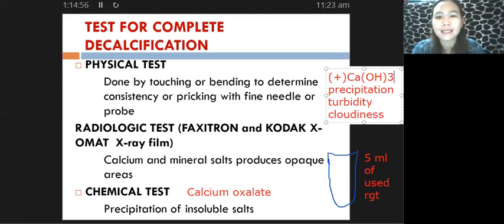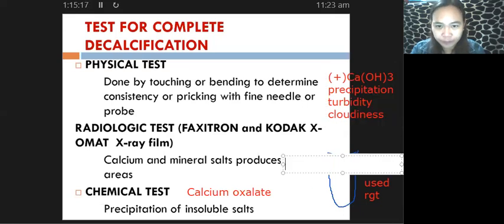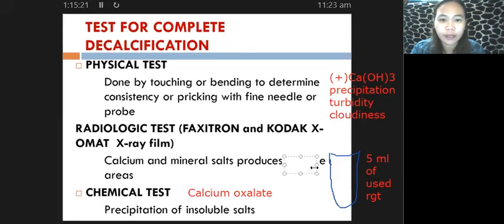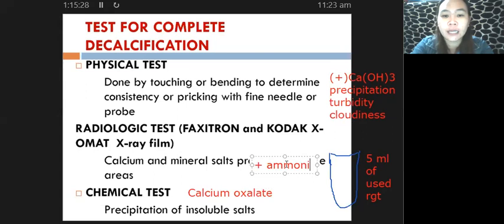If you were not able to observe any precipitation, turbidity, or cloudiness after alkalinization, the next step would be the addition of your ammonium oxalate.